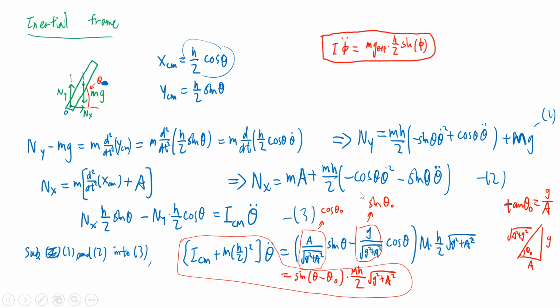And then this g effective is just the square root of g squared plus a squared. And then this I on the left hand side is the I about point O. I about point O would be equal to, by the parallel axis theorem, the I CM plus m times the distance between the center of mass and O, which is h divided by 2, squared.